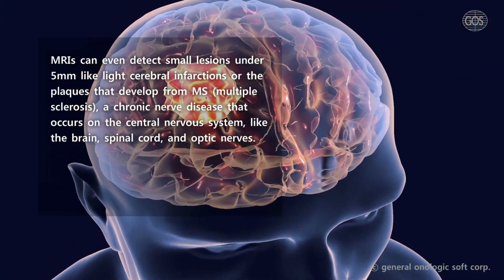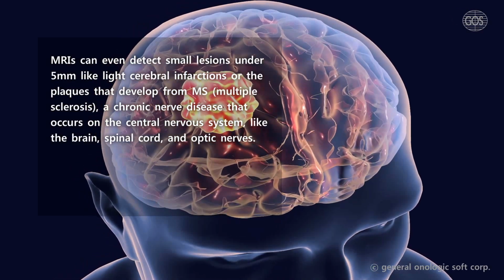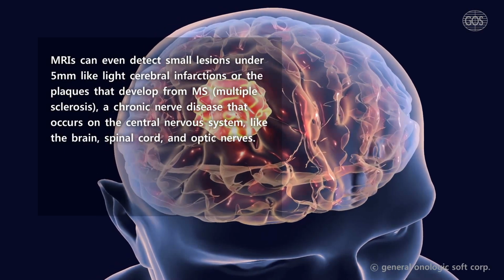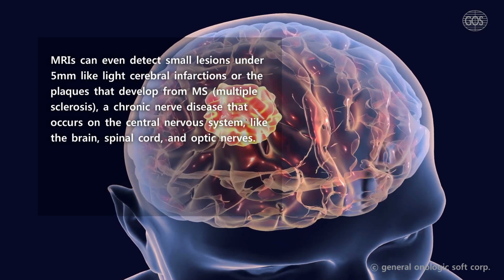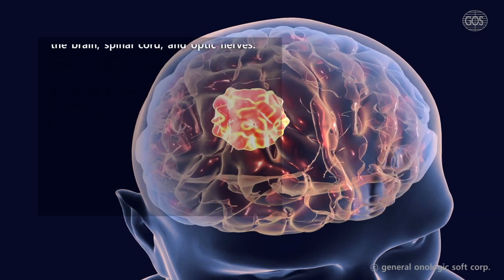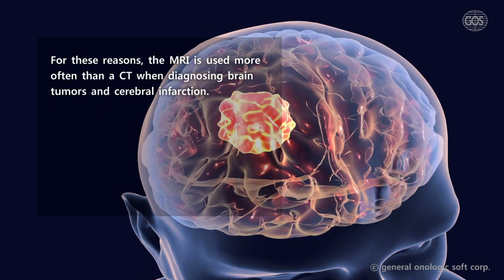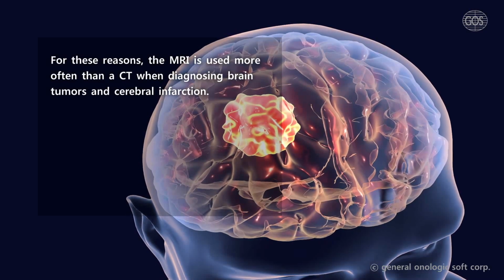MRIs can even detect small lesions under 5 mm like light cerebral infarctions or the plaques that develop from MS, multiple sclerosis, a chronic nerve disease that occurs on the central nervous system, like the brain, spinal cord, and optic nerves. For these reasons, the MRI is used more often than a CT when diagnosing brain tumors and cerebral infarction.